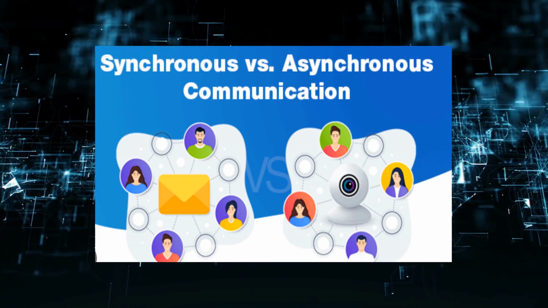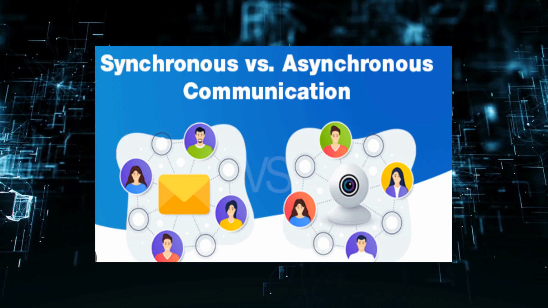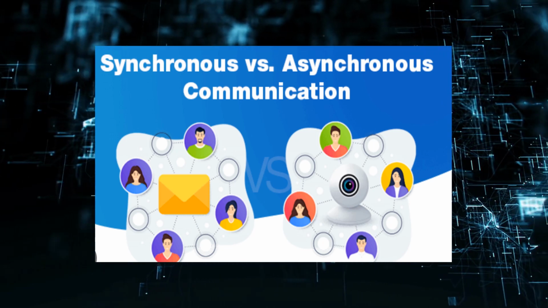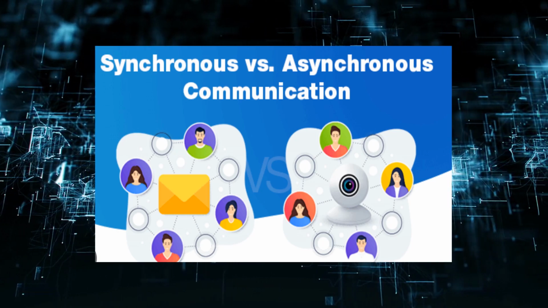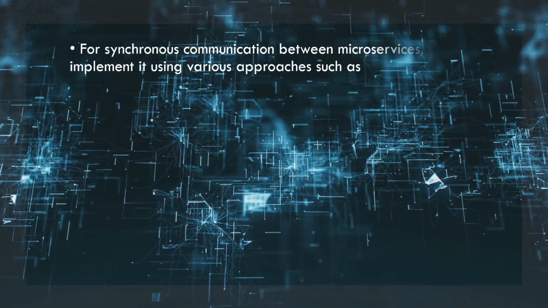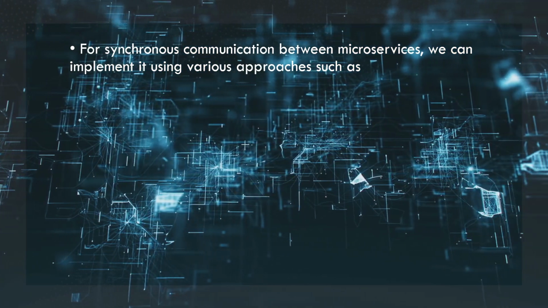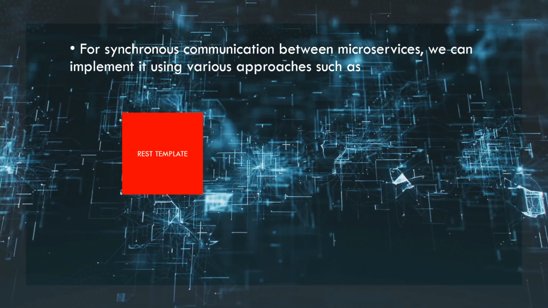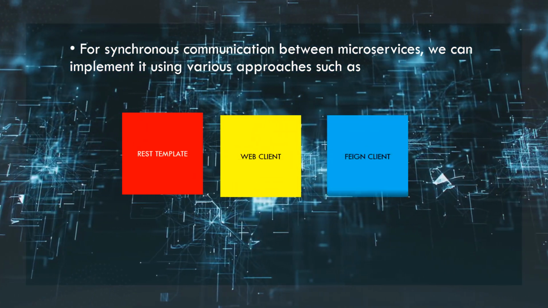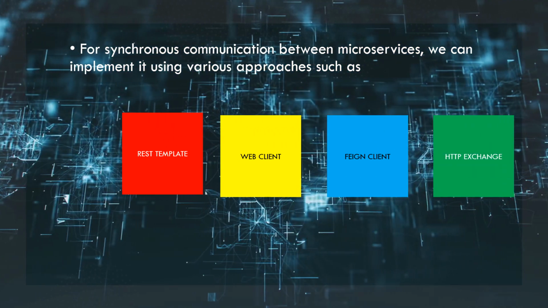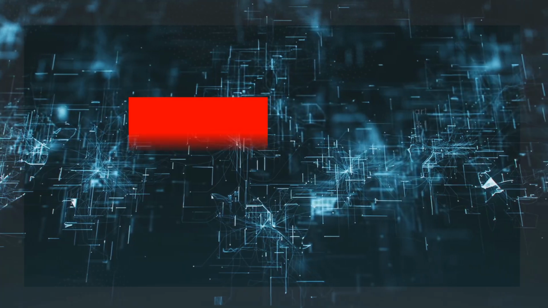Now moving further, we will see how we can use synchronous and asynchronous communication using microservices. For synchronous communication between microservices, we can implement it using various approaches such as RestTemplate, WebClient, FeignClient, and HttpExchange.